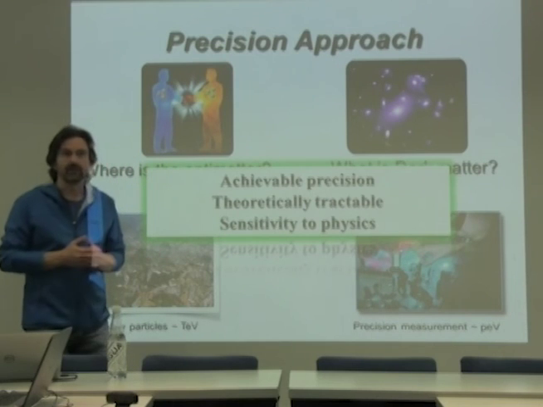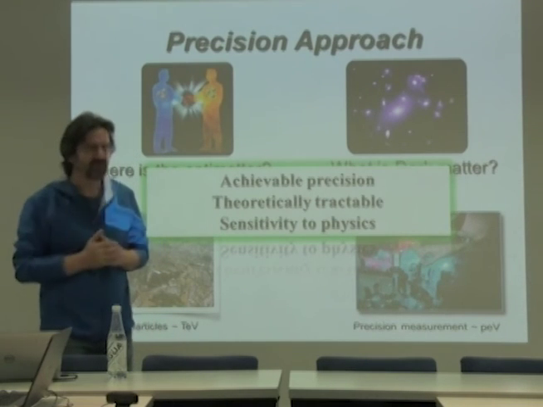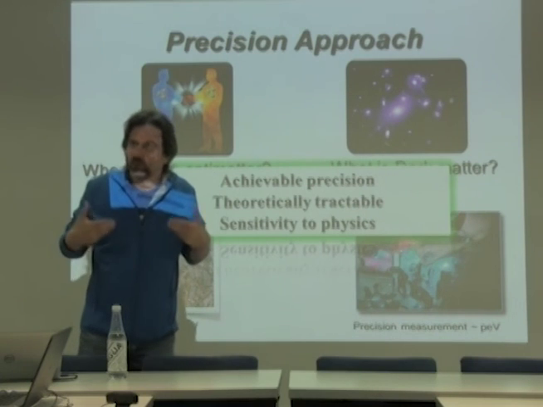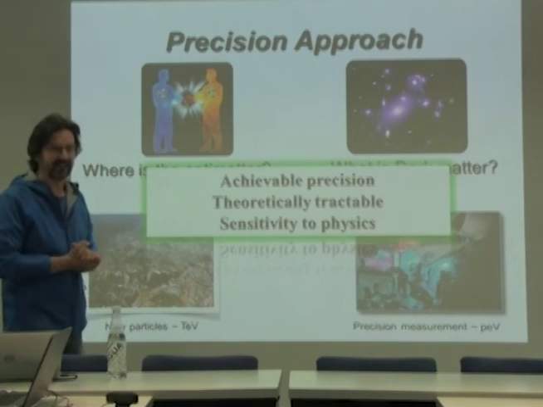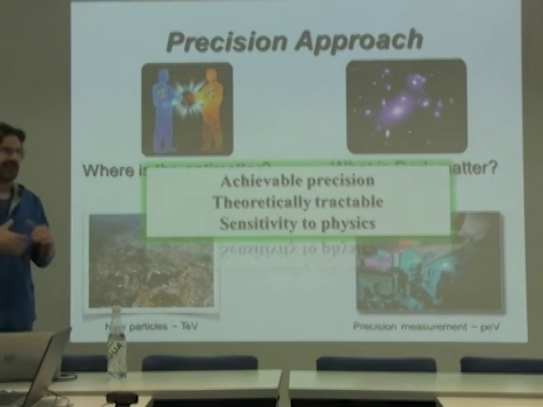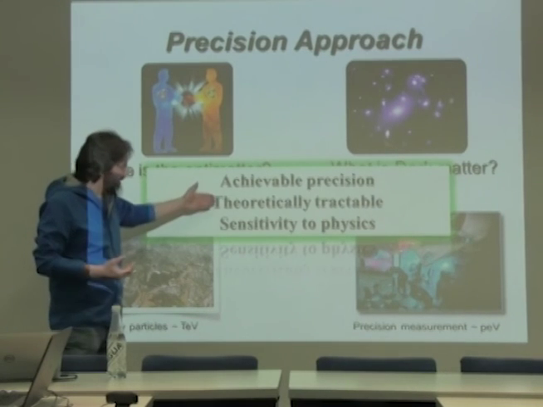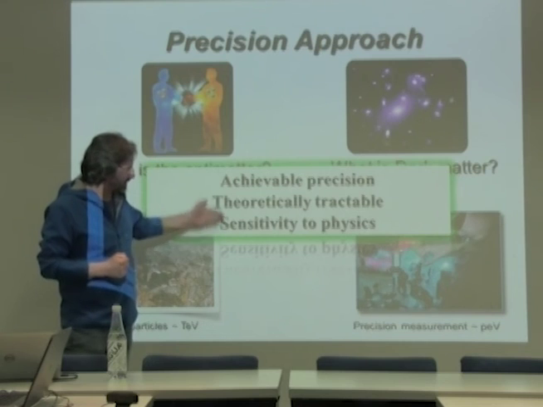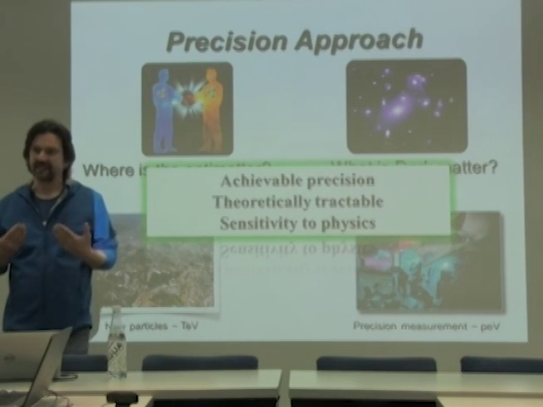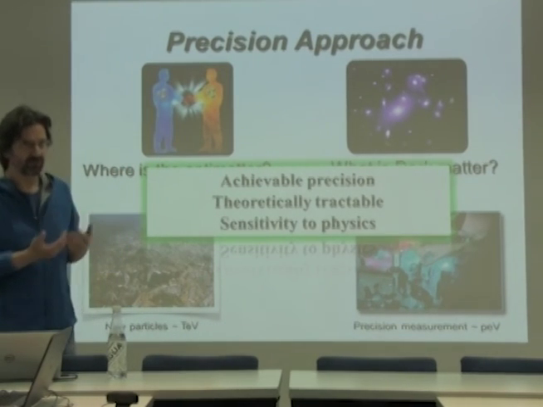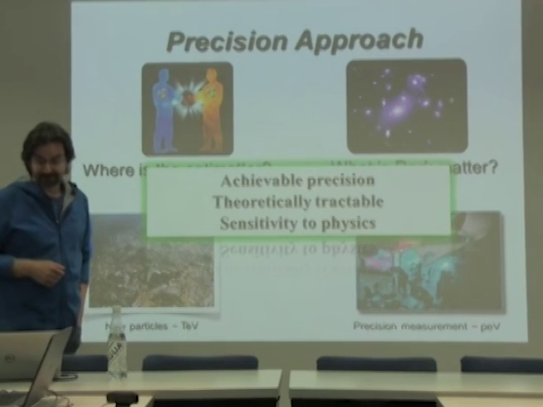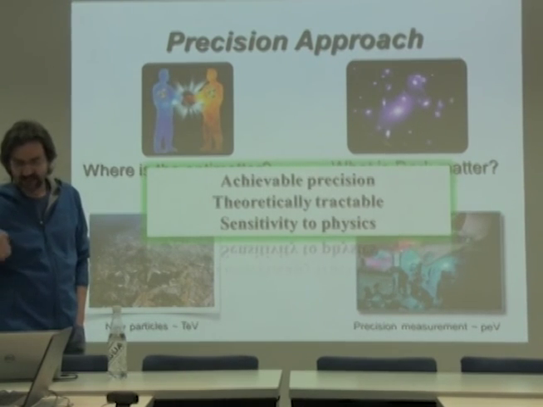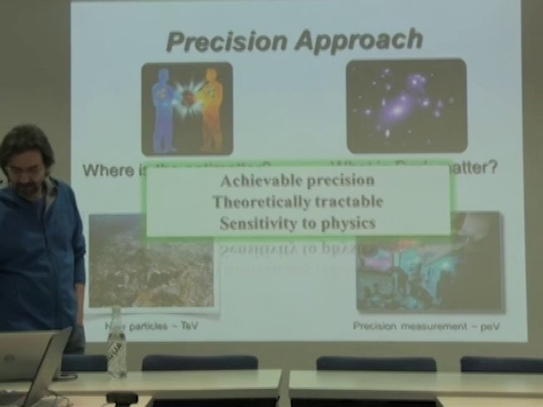I can also count with a high precision the number of leaves on a tree, but it doesn't give me more insights in some aspects of nature. So I can give a theoretical background of what I want to do there, and then together with this one I can probe sensitivity to physics, looking for new additions to the physics.